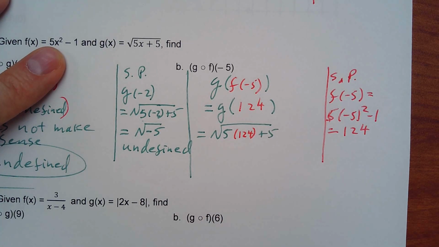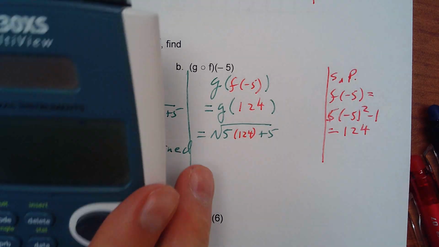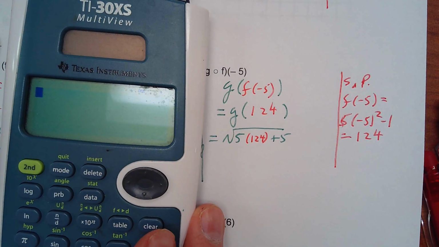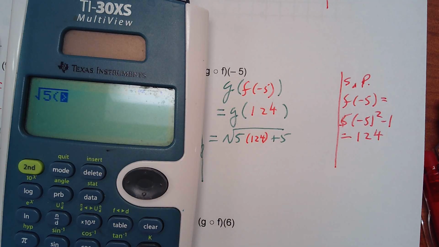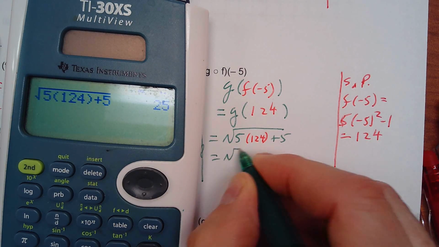I think I'm going to use a calculator on that one. A little too early in the morning here when I'm recording this for me to do it by hand. That's 25. So this must be 625 then. And then you get 25 when you take the square root.